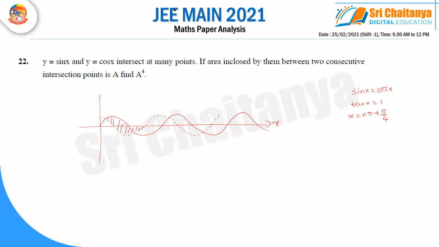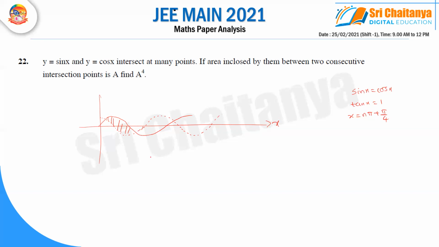So they need this area. So the above curve is sin x, below curve is cos x.